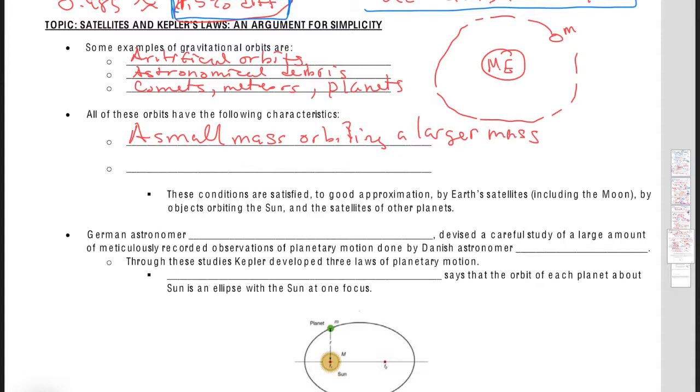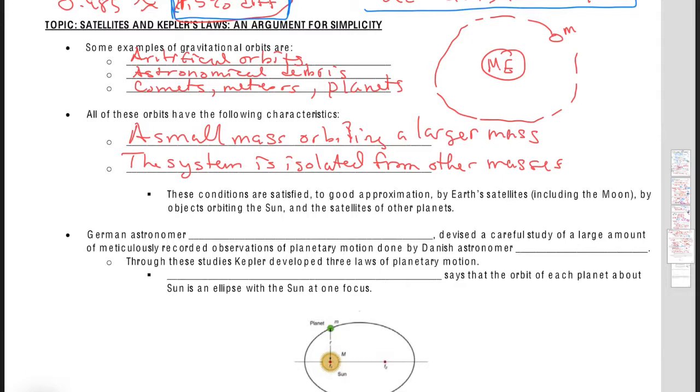The second one is that the system is isolated from other masses. Remember, we talk about isolated systems, where mass or energy is not allowed to flow in or out. So when the moon is in orbit around the Earth, when we say Earth-Moon system, there's nothing else that we're encountering.